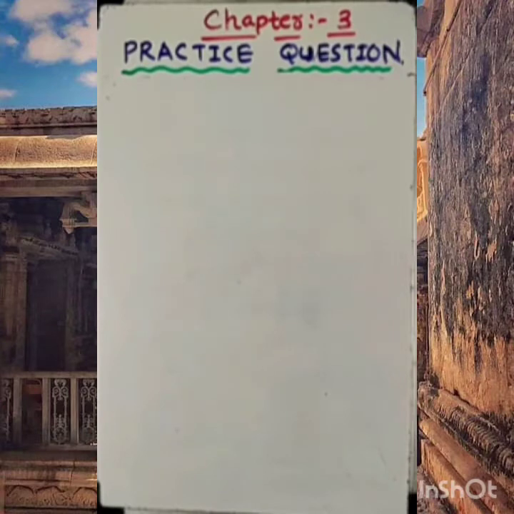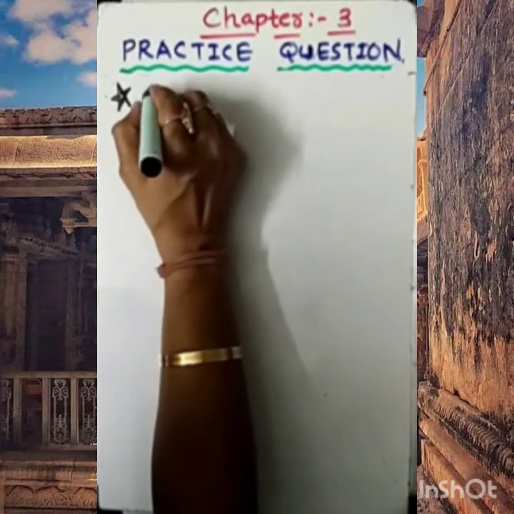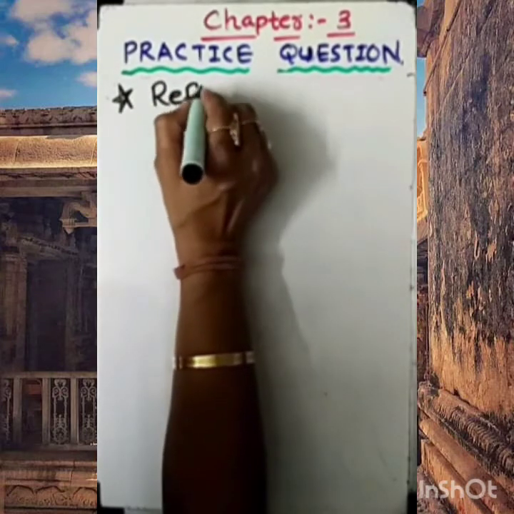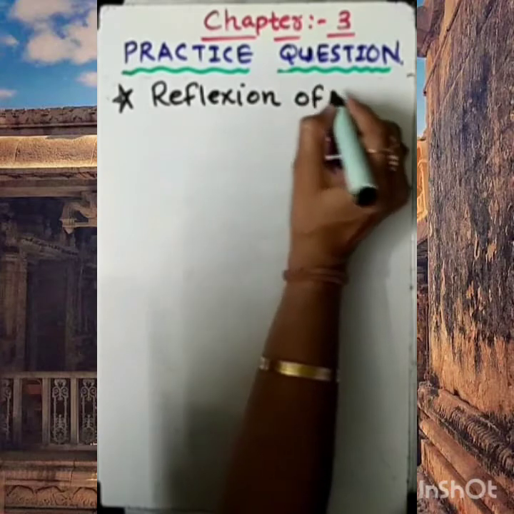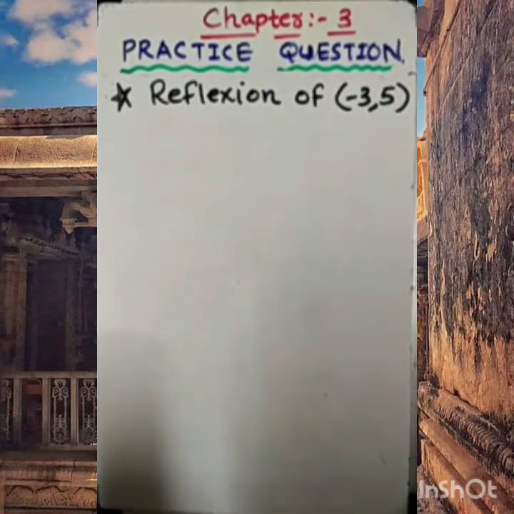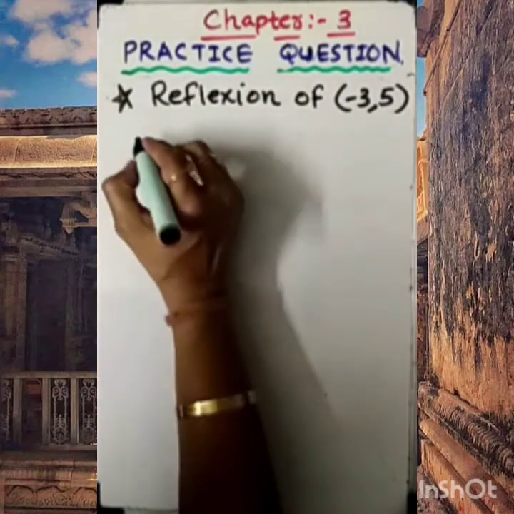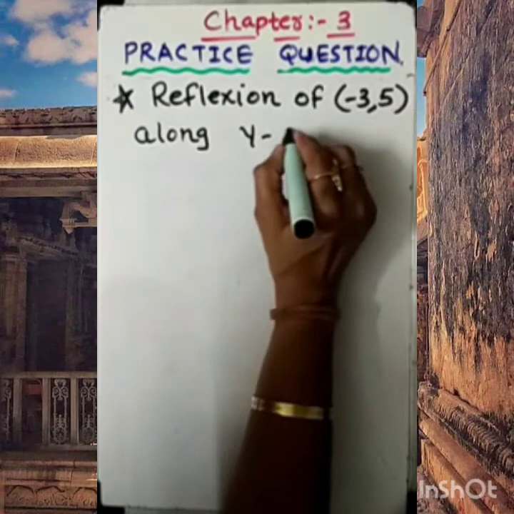My dear student, one more practice question I am putting in front of you. The question is reflection of minus 3 comma 5 along y-axis. This time along y-axis we are taking, right?